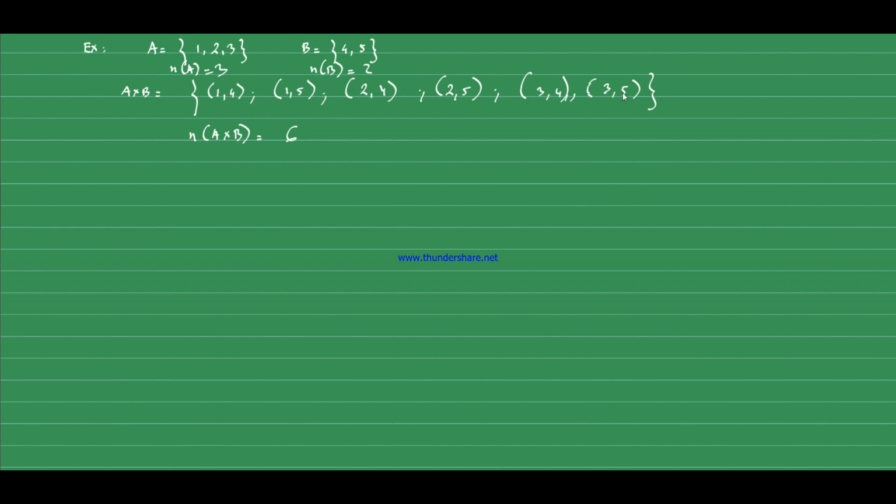There you go. And in many cases, we can do the Cartesian product of a set by itself. So what if I want to find the Cartesian product between B and B? Then you're gonna have 2 times 2, which will be 4 elements. So we have 4, 4, 4, 5, then 5, 5, and 5, 4.